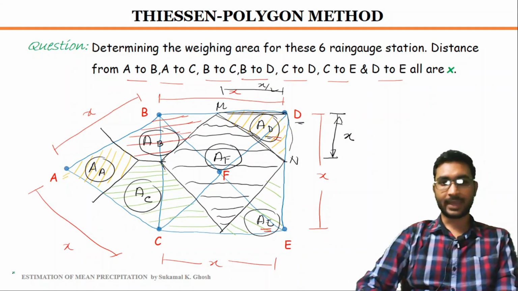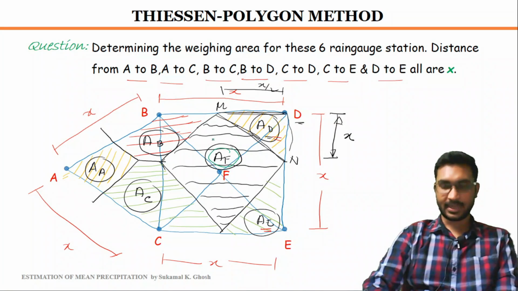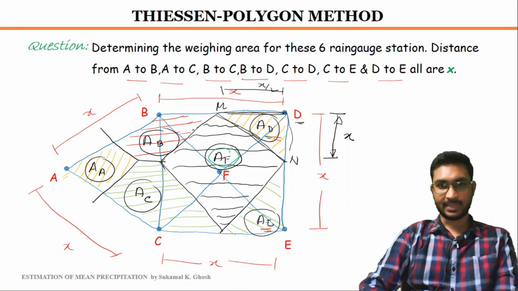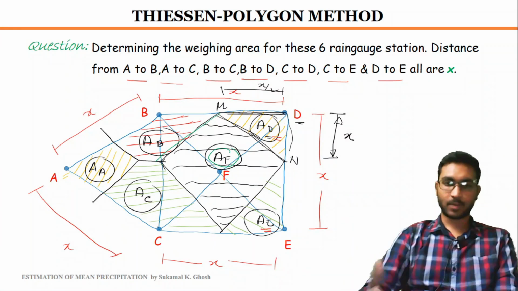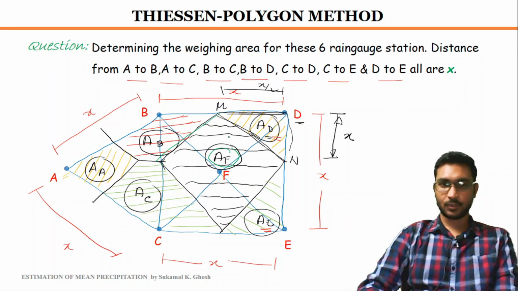Now if you want to calculate this AF, how can we calculate it? This weighted area for rain gauge station F is actually a rhombus, or you can also say it is a square. All the sides of this area need to be calculated, or you can calculate just one side, and with that you can calculate the area of AF.